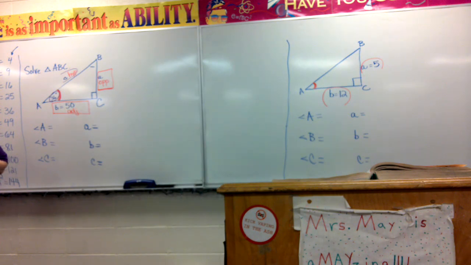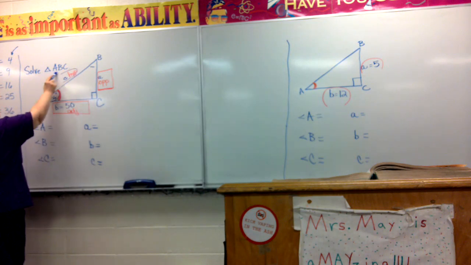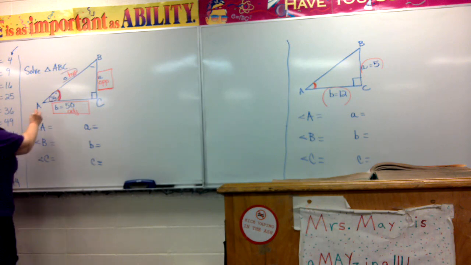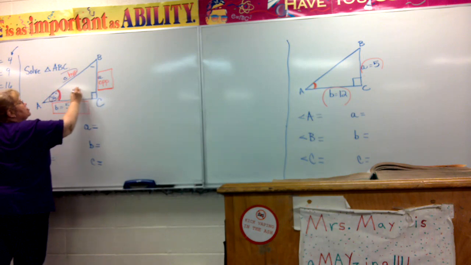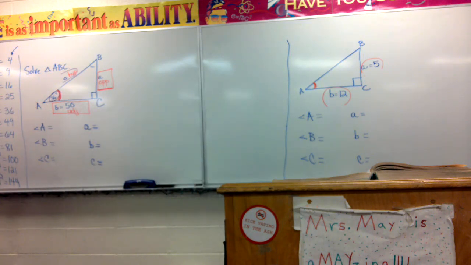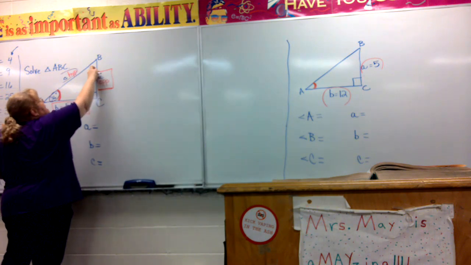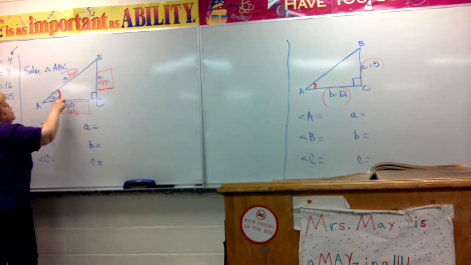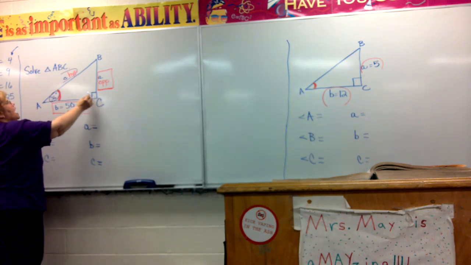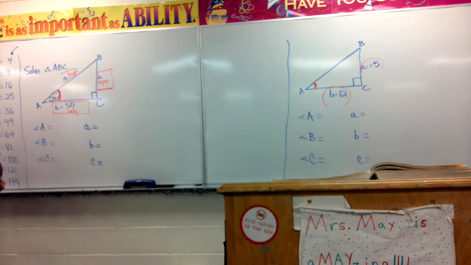One quick thing about how they're labeled. So this is triangle ABC, like this, right? You list the vertices, ABC. Remember that across or opposite from angle A is side A. If this is angle B, across from angle B would be side B. Angle C, opposite side C, which happens to be the hypotenuse.